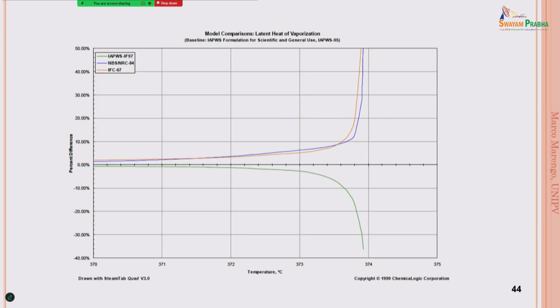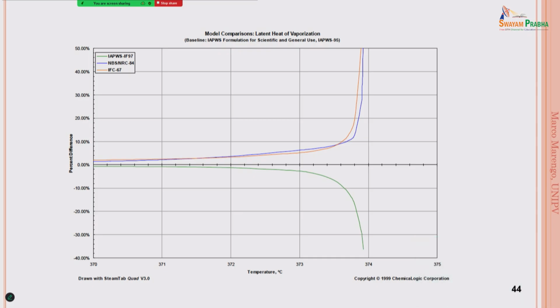However, look at this. These are three models of fluids, for water, close to the critical point. This is, for example, the latent heat of evaporation. The critical point of water is about 373 something centigrade. The deviation here is huge, as you can see.